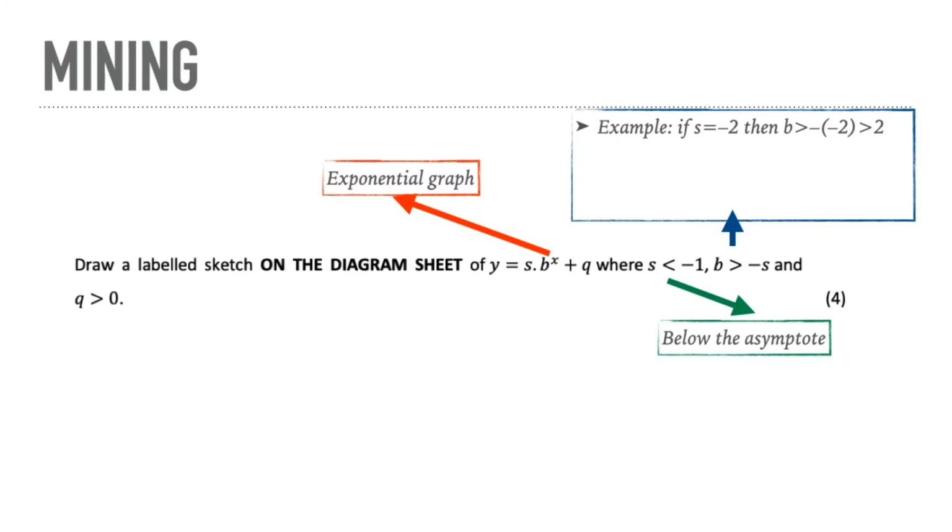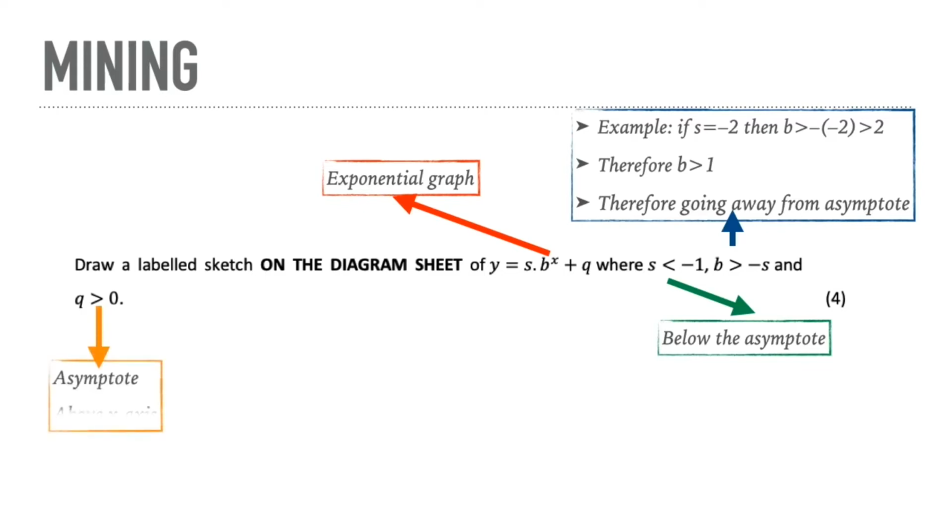Why is this important? Because there's a little bit of theory which says if b is greater than 1, the graph is going away from the asymptote. Last but not least, q is greater than 0, which means the asymptote lies above the x-axis. So in other words, the graph looks like this.